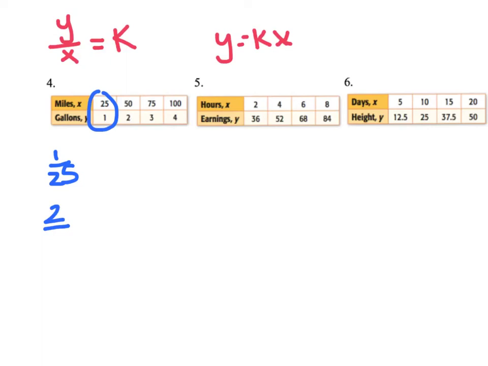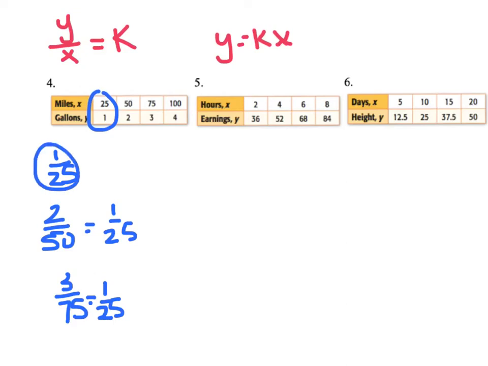I'll go to 2 over 50, which is equal to 1 over 25. 3 over 75 is equal to 1 over 25. So our constant of variation is 1 over 25. So I've got y is equal to 1 over 25 x.